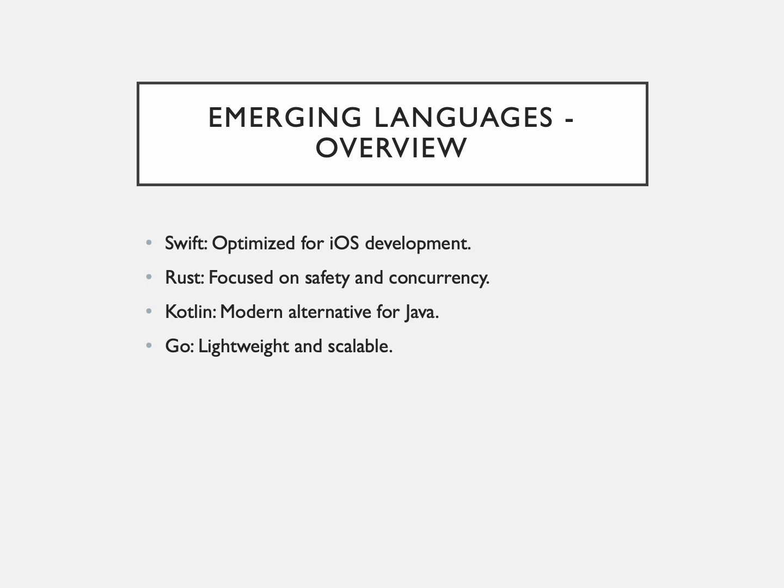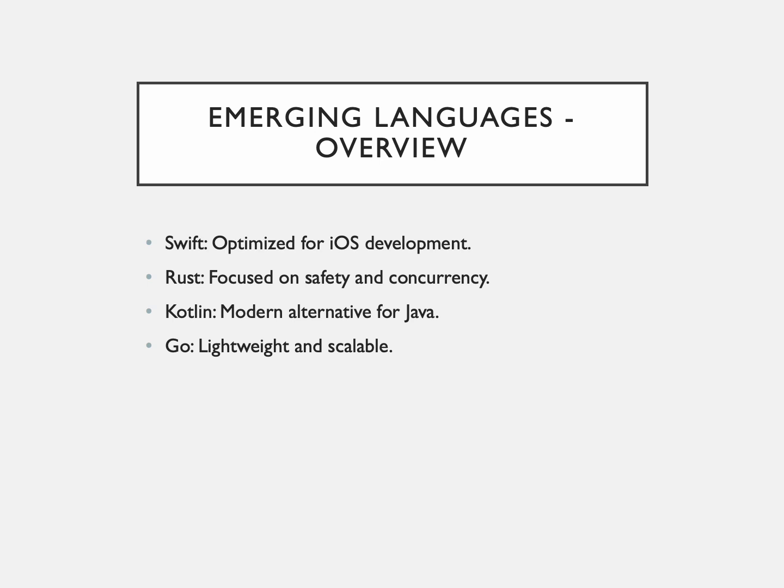Next is Kotlin. It is a modern alternative to Java. It is developed by JetBrains, and is a modern programming language designed to be a more expressive and concise alternative to Java. It's fully interoperable with Java, making it easy to integrate into existing projects.